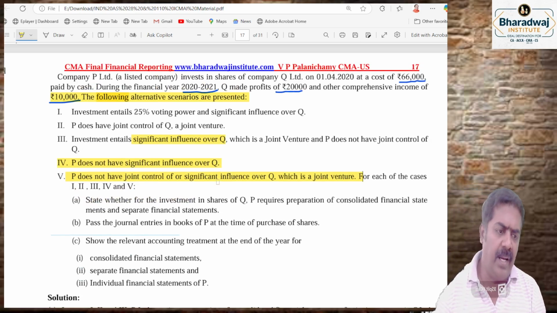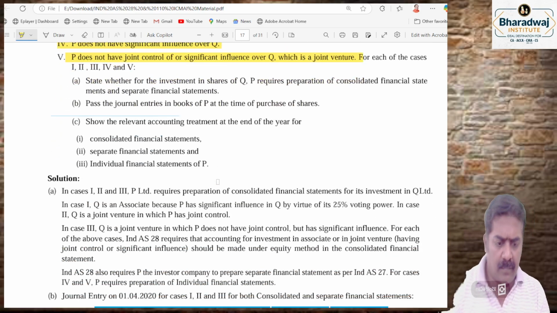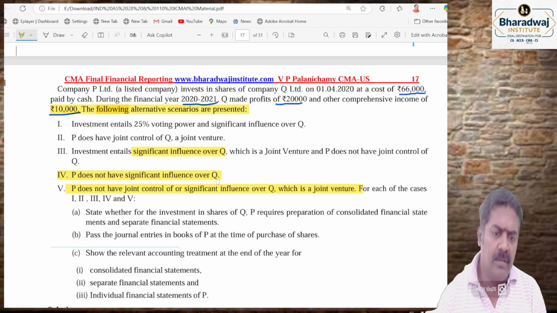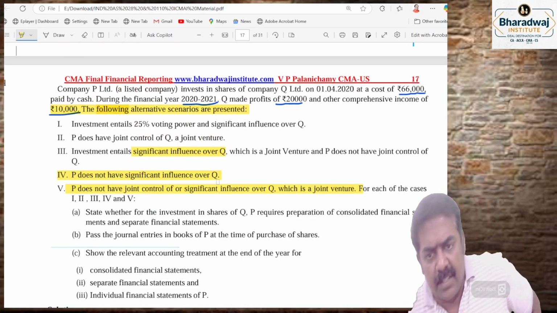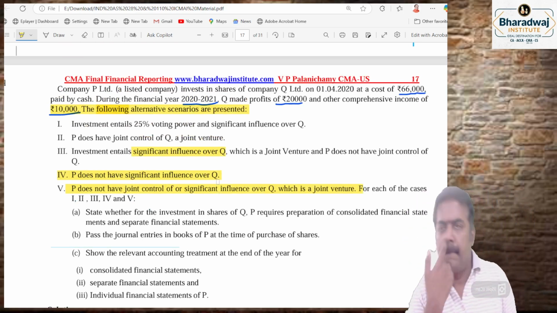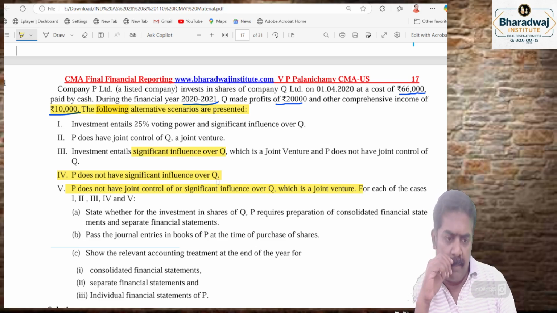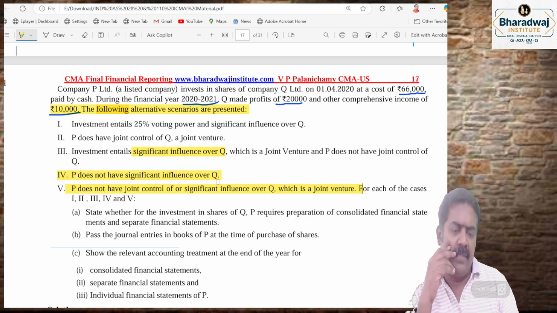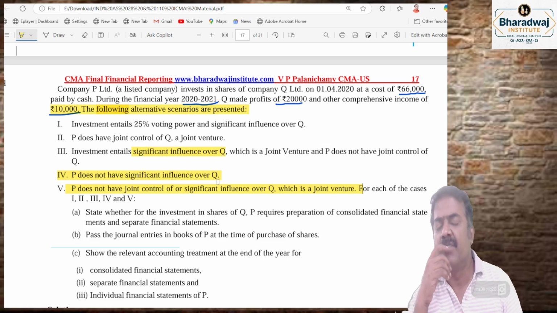Ind AS 28 is applicable for joint ventures and associates. For joint ventures and which one?